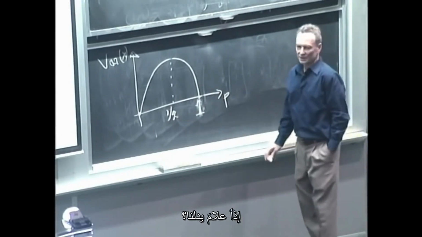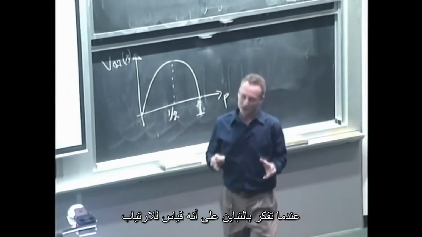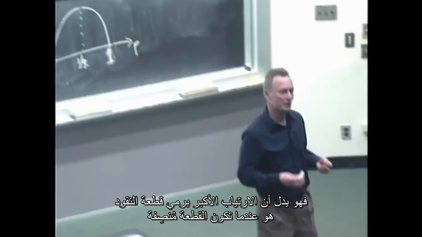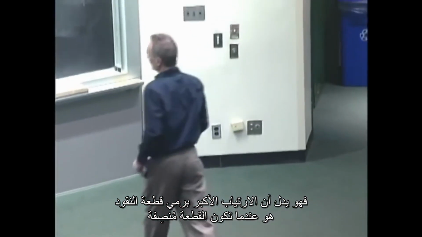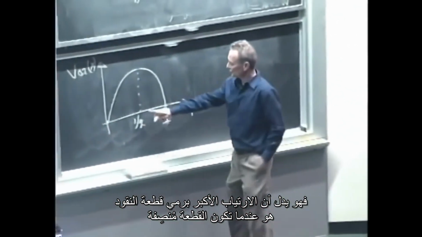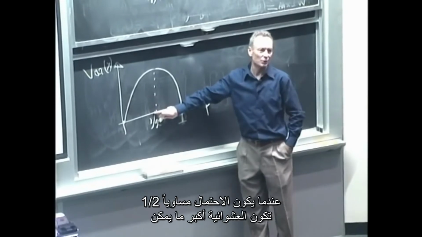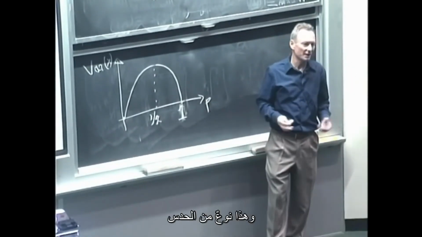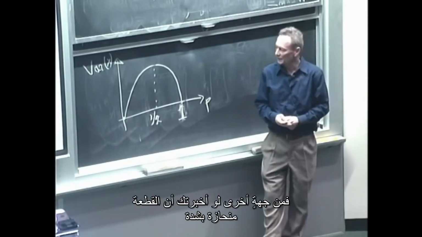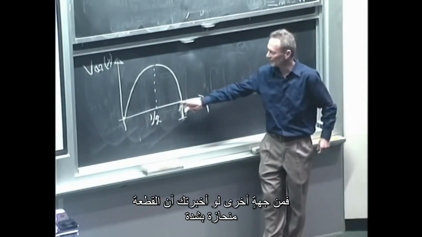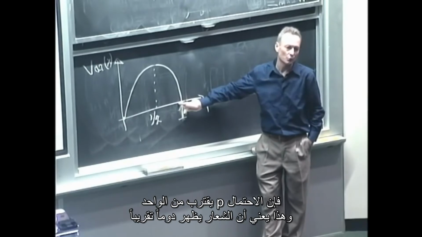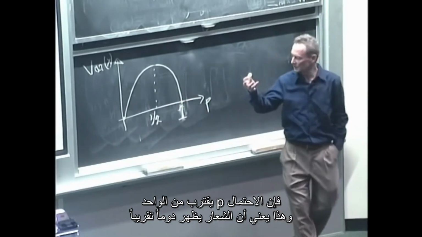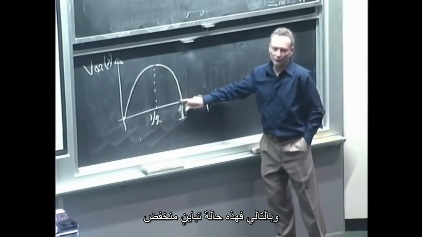So what does it tell us? If you think about variance as a measure of uncertainty, it tells you that coin flips are most uncertain when your coin is fair. When p is equal to 1/2, that's when you have the most randomness. And this is kind of intuitive. If, on the other hand, I tell you that the coin is extremely biased, p very close to 1, which means it almost always gives you heads, then that would be a case of low variance.